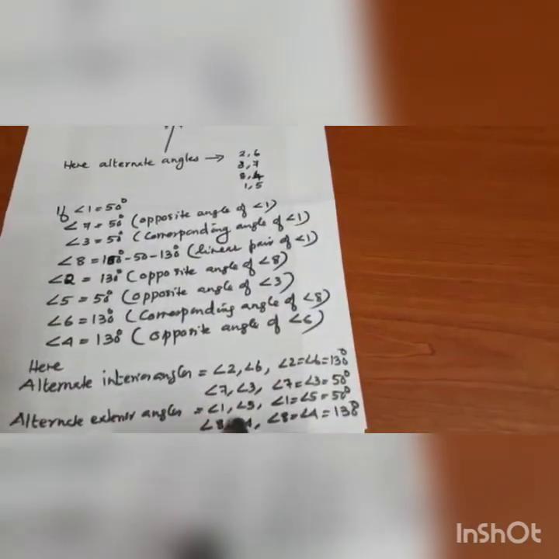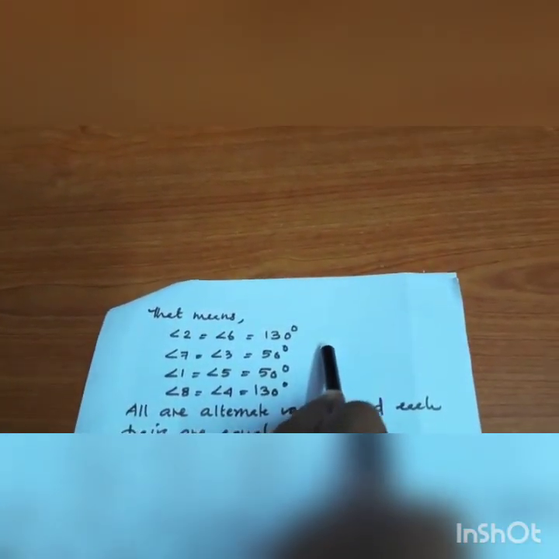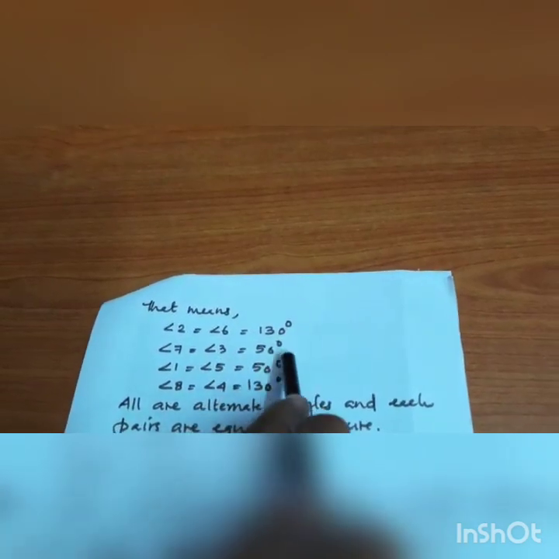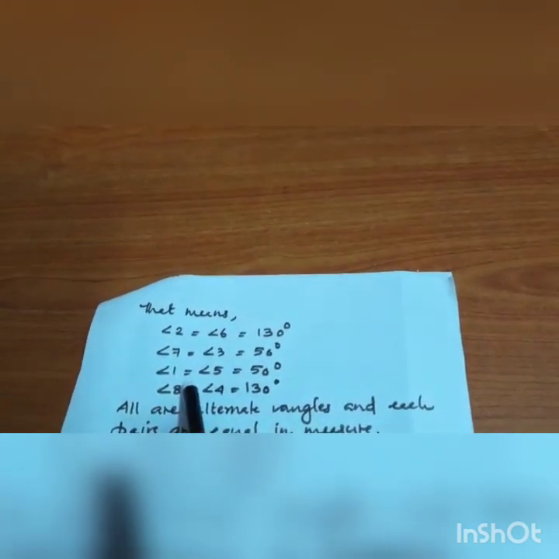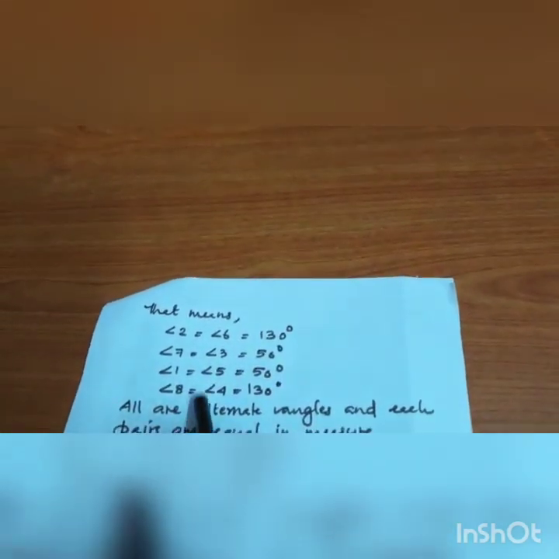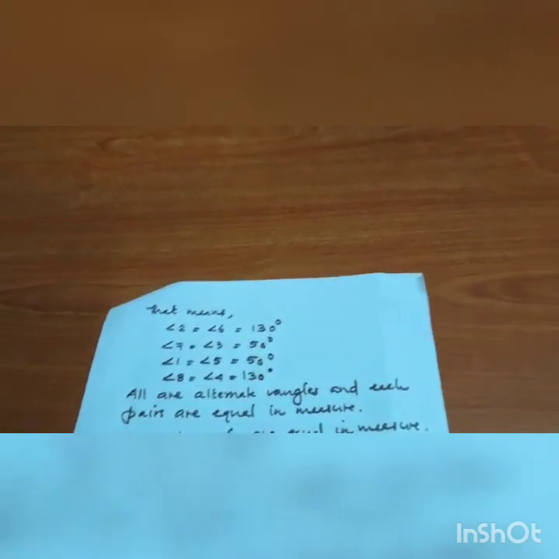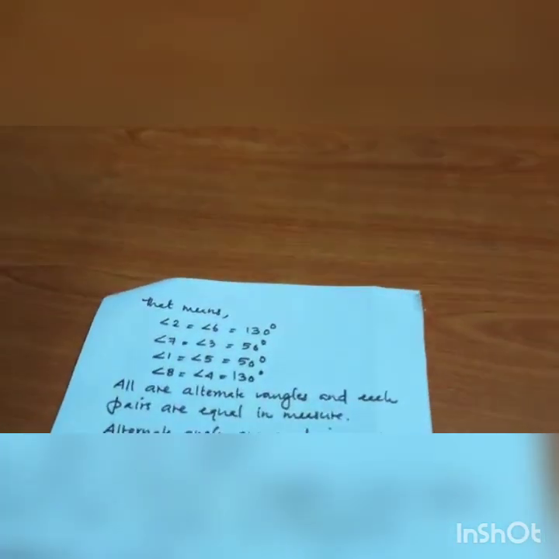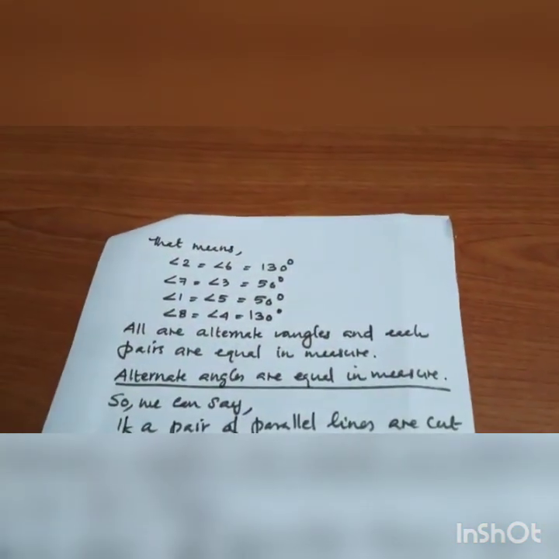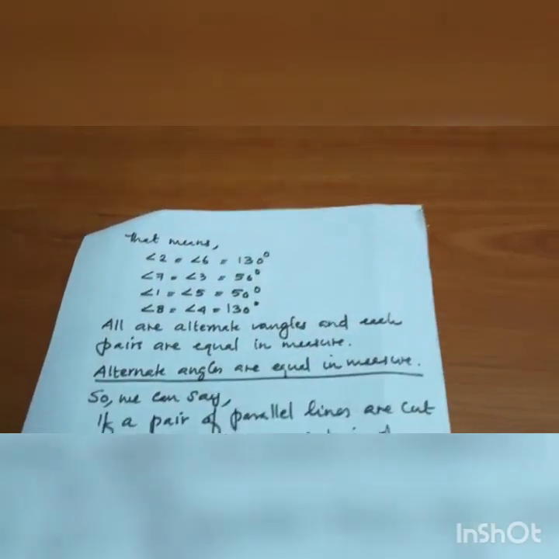And alternate exterior, that means angle 2 is equal to angle 6 is equal to 130 degrees, angle 7 is equal to angle 3 is equal to 50 degrees, angle 1 is equal to angle 5 is equal to 50 degrees, angle 8 is equal to angle 4 is equal to 130 degrees. What can we say from this? All are alternate angles and each pair is equal in measure. So, we can conclude alternate angles are equal in measure.